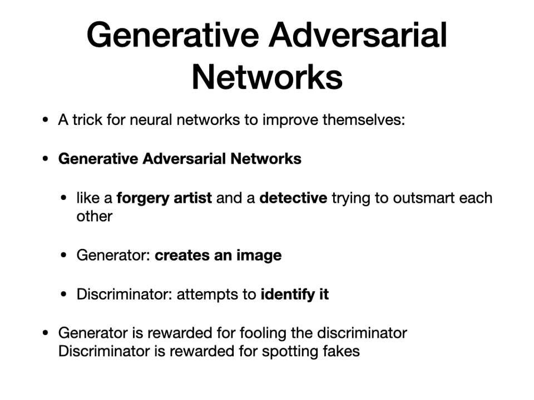For creating an image that is passable, it gets positive feedback. The discriminator is rewarded for spotting the fakes, right? So they both have ways of getting positive feedback, and they both have ways of getting negative feedback. So they can train themselves and each other, right? So it's competition.